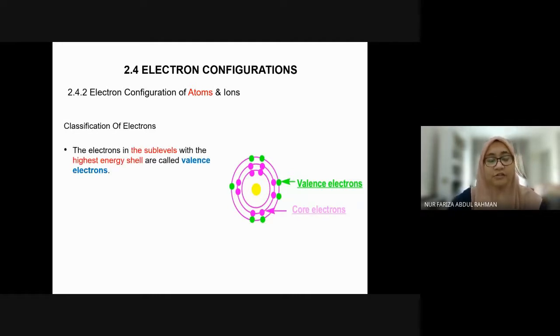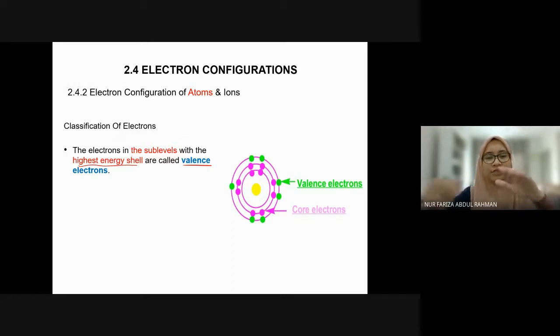Classification of electrons. There are 2 types of electrons: valence electrons and core electrons. Valence electrons are electrons that occupy the highest energy shell, or the outermost shell. Valence means outermost.